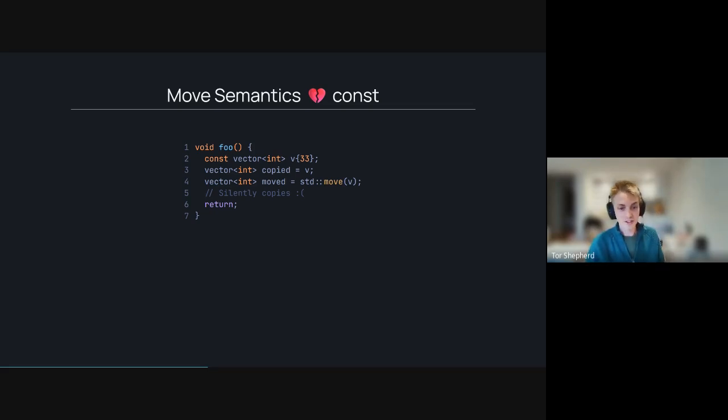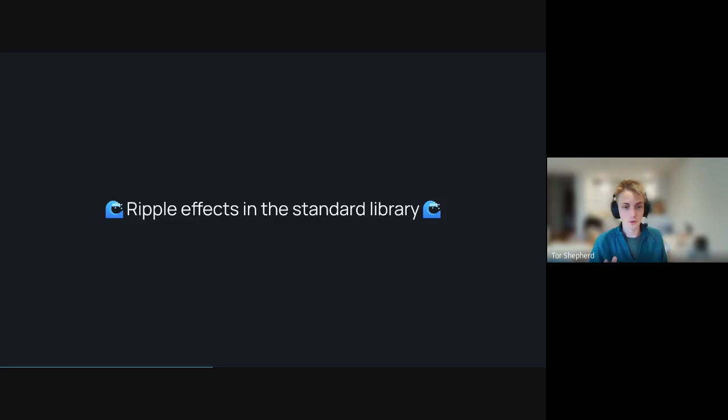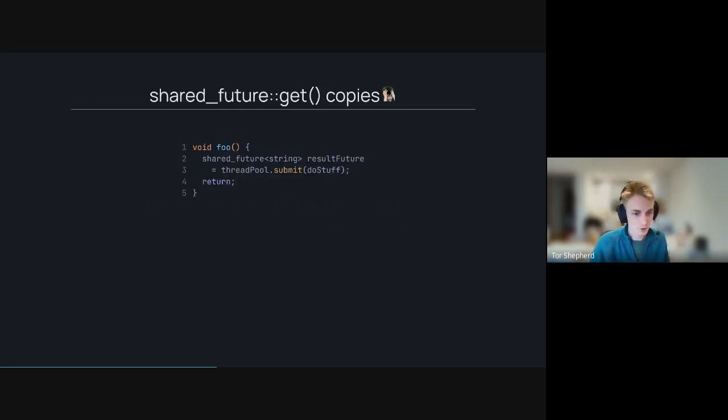And this has ripple effects through the standard library and your own code bases, right? So just two examples. The first one that I encountered was shared_future. The get function of shared_future is const. So here's an example. Maybe you have a custom thread pool that uses shared_future, and you're going to return a string from another thread.